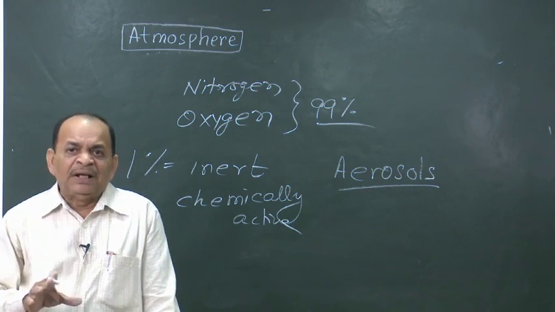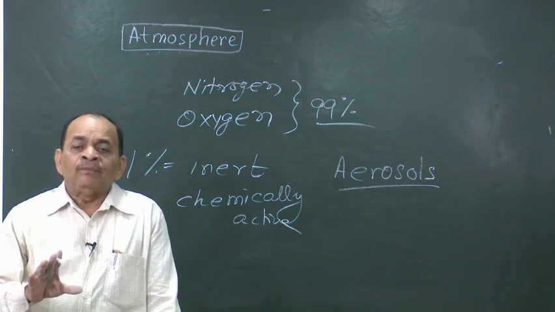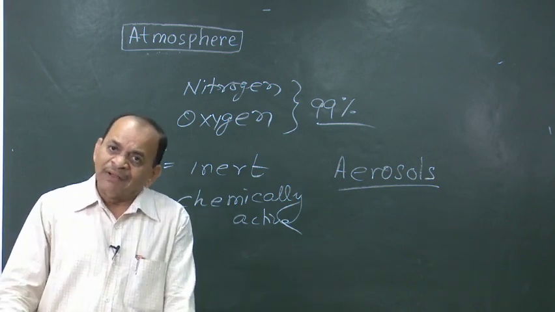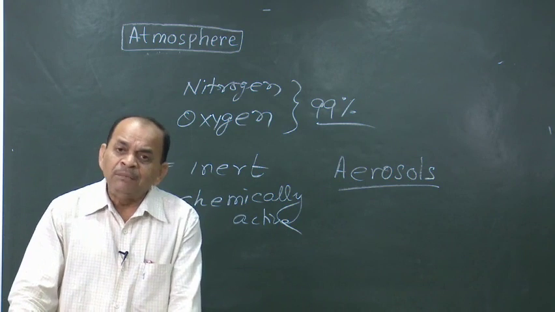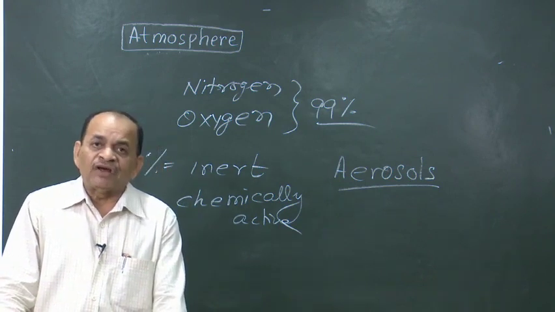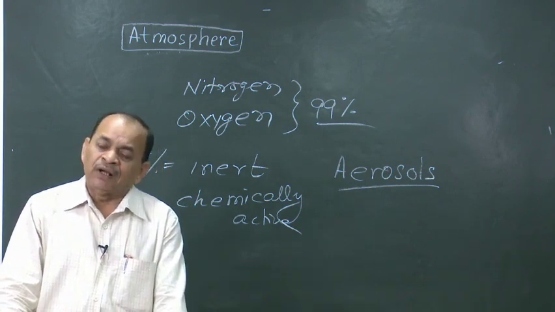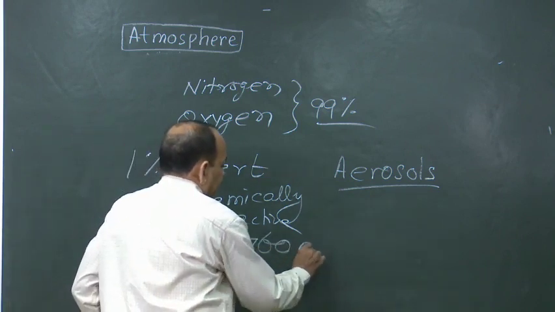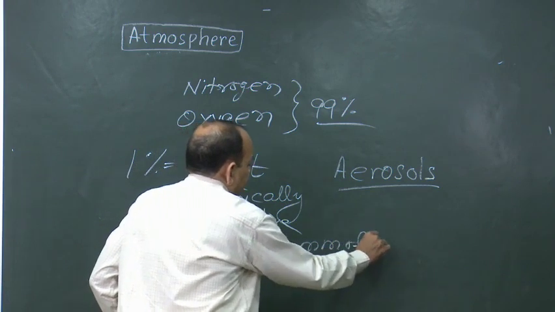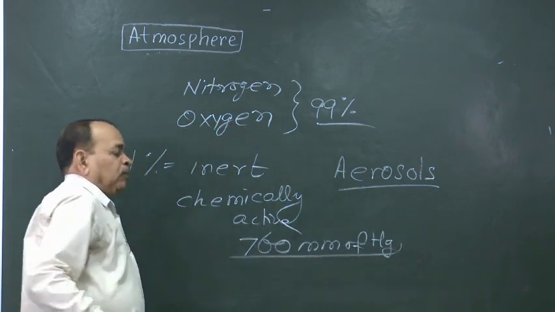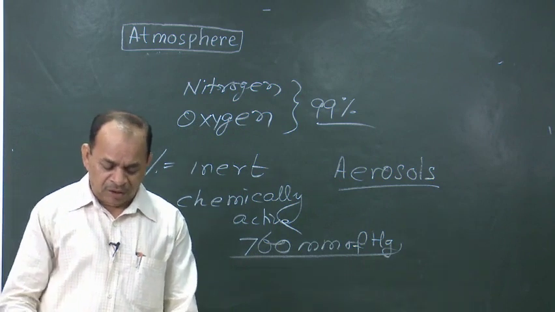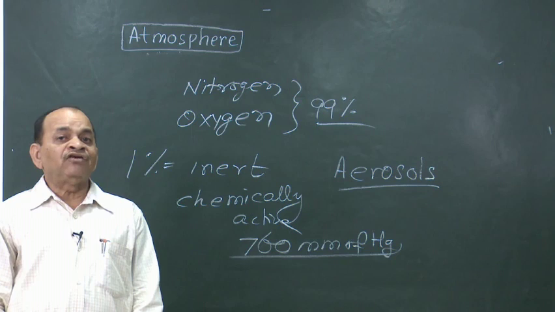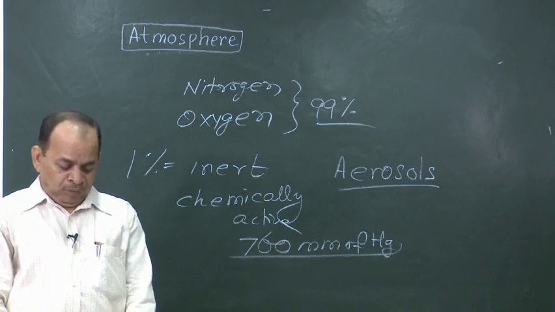At sea level, the global mean pressure is 760 millimeters of mercury, or 1 atmosphere. So, that is the pressure at sea level.